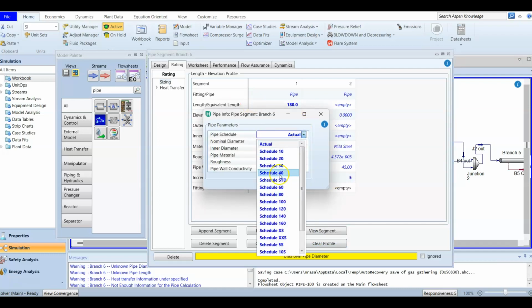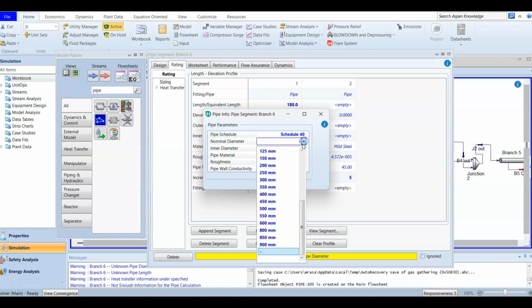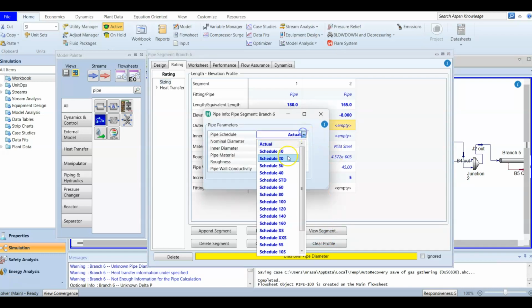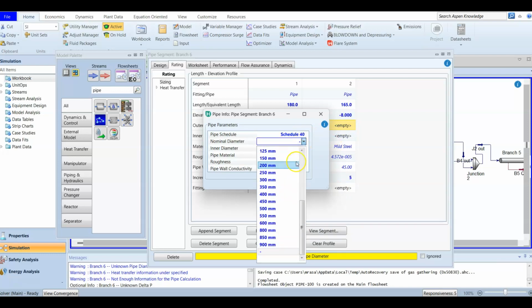From here we are going to choose 14, and our nominal diameter will be 80 millimeter. Okay, after that for our second segment we have a length of 165 meter, and it's negative 8 under the ground, and again we are going to view our segment to add 40, and here we have also 80 millimeter.